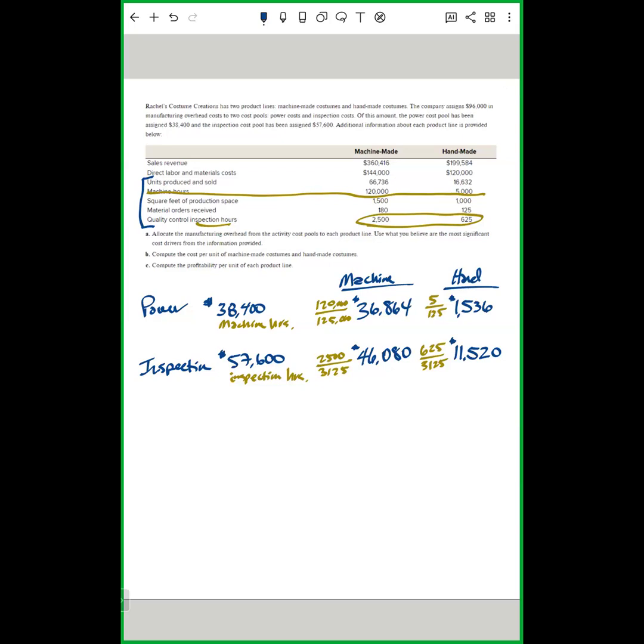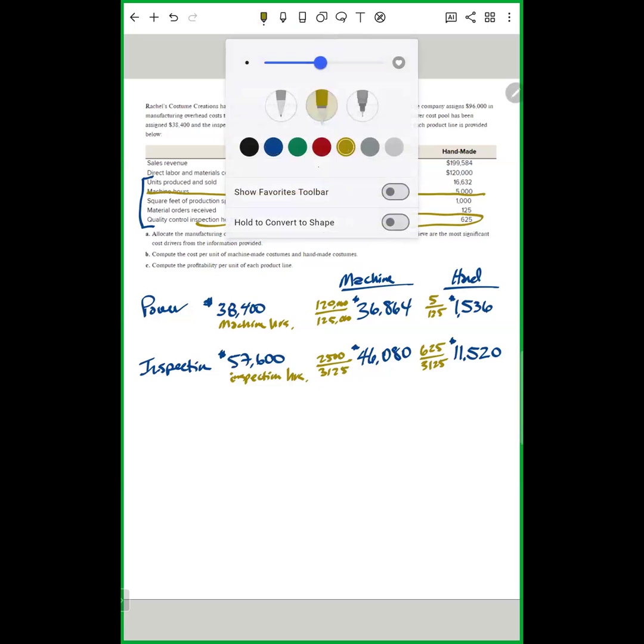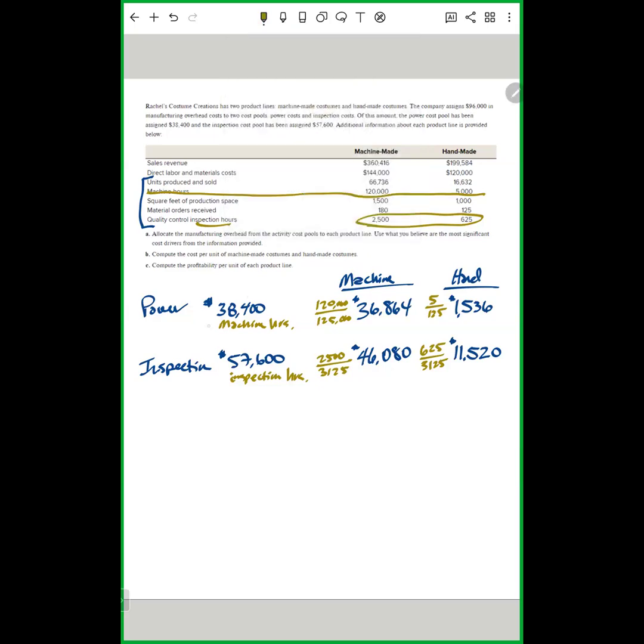Okay. So step A was to determine the type of driver that we use for the power and inspection pools, machine hours and inspection hours. And then part B says to compute the cost per unit of machine-made costumes and handmade costumes.